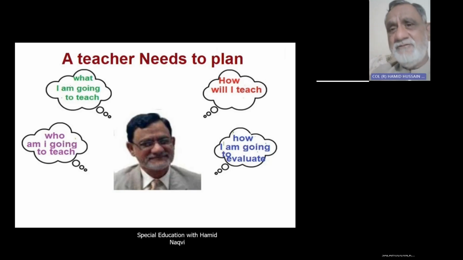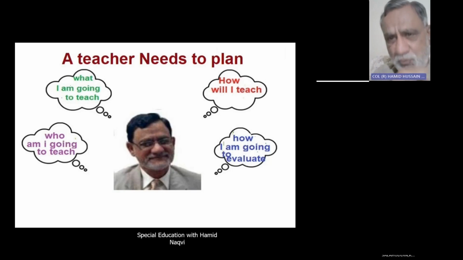And for that particular reason, then what I am going to teach comes second. All questions are interrelated. Whom I'm going to teach? I'm going to teach ninth class. What I'm going to teach? I am going to teach them English. In English, what particular thing I am going to teach?